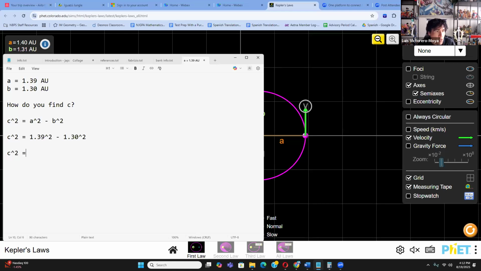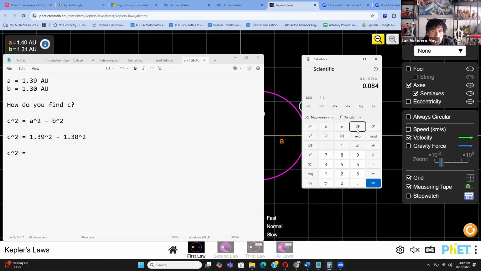So we open the calculator: 1.39 squared is 1.93, minus 1.3 squared, which is 1.69. C squared equals 0.24.